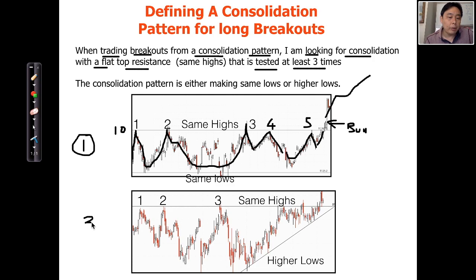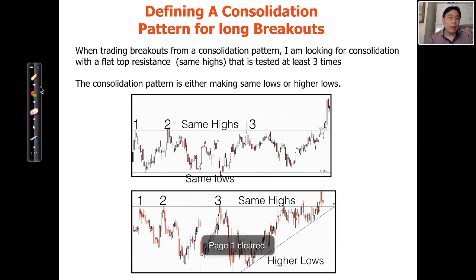The second scenario, okay, so let me just say that for the first scenario, what we're looking at is same highs and same lows. So the price makes same highs, same highs, same highs, and same lows, same lows, same lows. That's the first scenario.